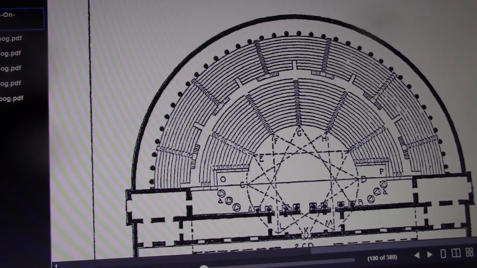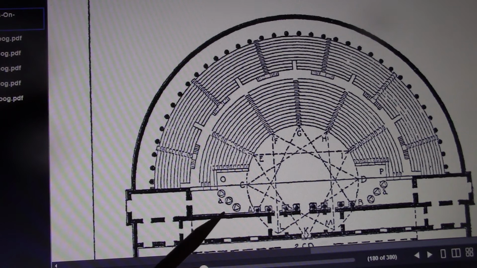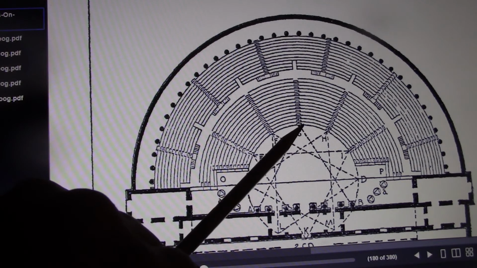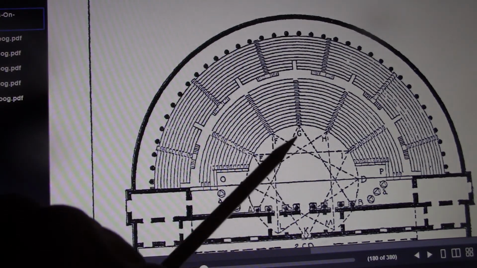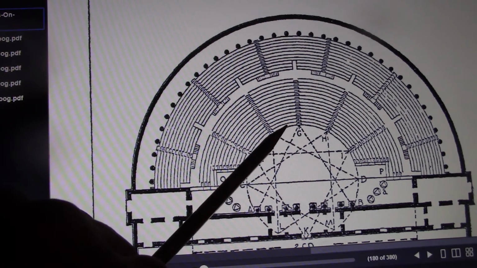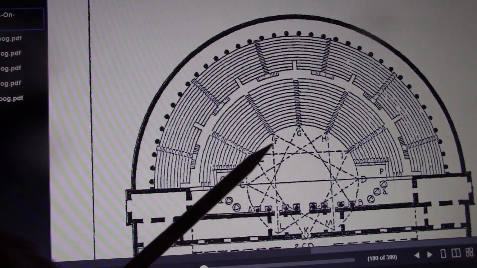Okay, so then what are you going to do? What is going to be smaller than that? Well, that's how you get seconds. So 1 second of an arc is 1/60th of 1 arc minute. You're going to take that one little slice of the arc minute and divide that into 60 angles as well.